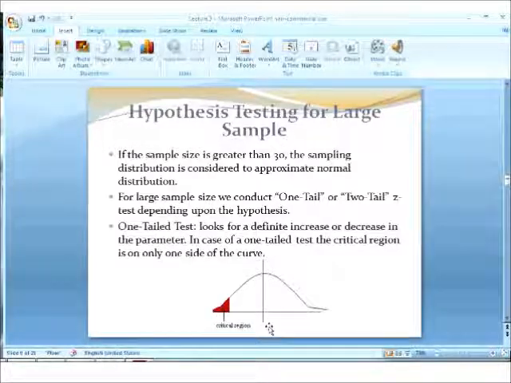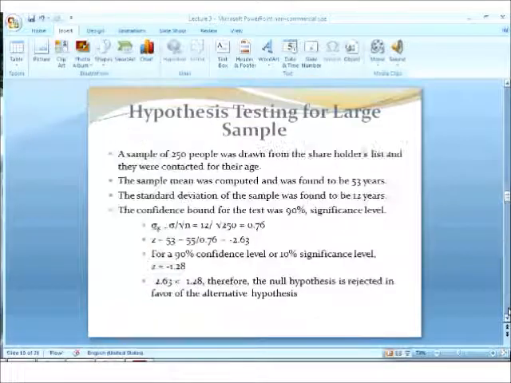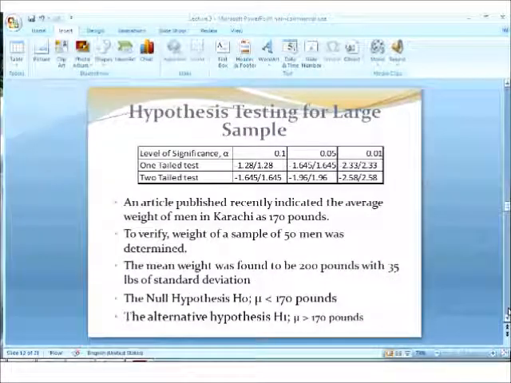Likewise, for a one-tail test, we have a critical region on the positive side, and our standard z-value is 1.65, which means our computed value of 6 will fall somewhere over here because it's greater than 1.65. Since our computed z-value is greater than our standard z-value, it falls in this critical region, and when it does, we reject the null hypothesis in favor of the alternative hypothesis.